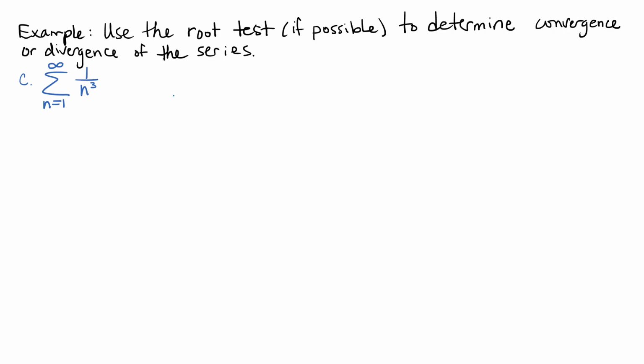So we are going to take the limit as n goes to infinity of the nth root of the absolute value of 1 over n cubed. All right, we can drop the absolute value because 1 over n cubed will always be positive since n's positive. So this is going to be the limit as n goes to infinity of the nth root of 1 over n cubed.